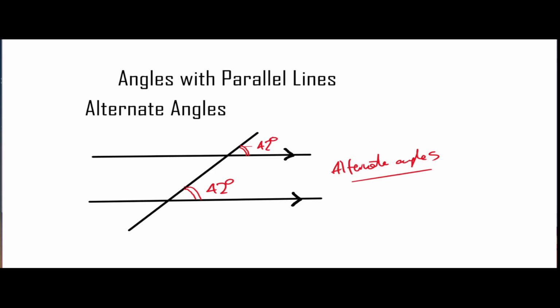Right, so if those are alternate angles, then this and this must also be alternate angles. And we can work out what they would be because they're on a straight line. So the green angle here, let's call it theta. Theta is going to be equal to 180 minus 42, which is, I think, 138.